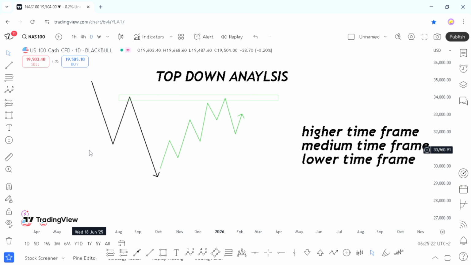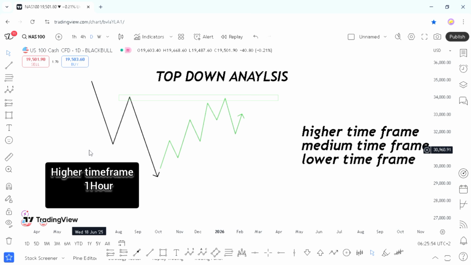Now as a scalper, like I said, you need three major time frames. And what do you need as a higher time frame if you are a scalper? A scalper, you need the 1 hour time frame as your higher time frame.